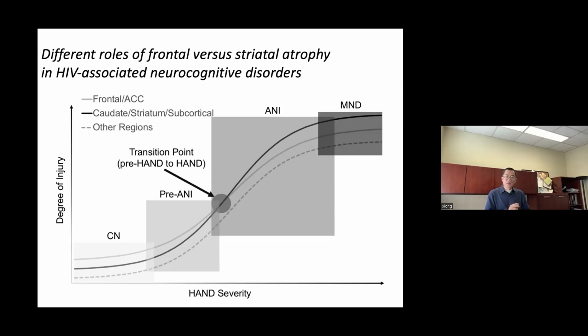It's really associated with the frontal cortex, including speed of processing and other things. And we also propose that for people who have HAND, probably very similar to the pre-HAND area, this more severe form of cognitive impairment might still be driven by subcortical injury, especially the caudate and the striatum in general. So that's our prediction and hypothesis.